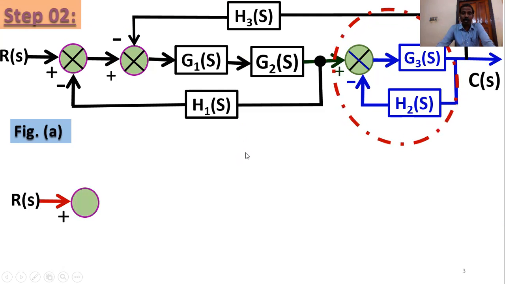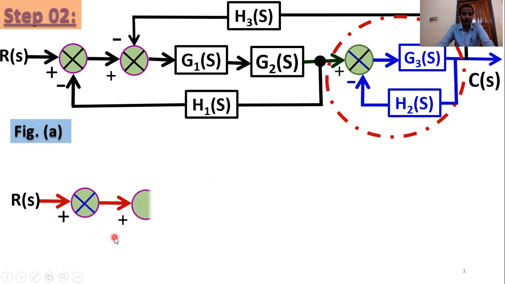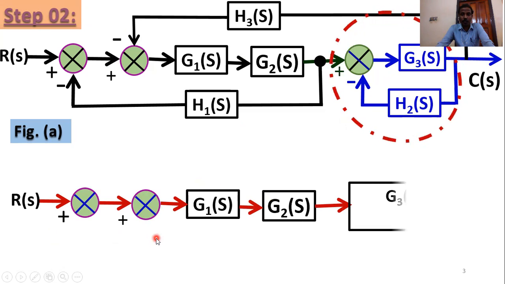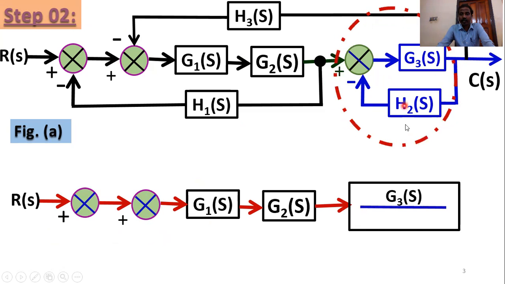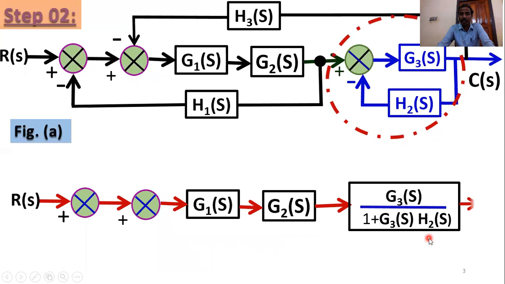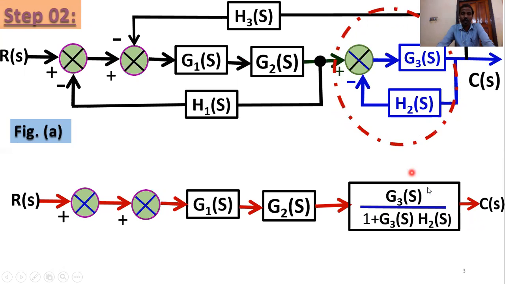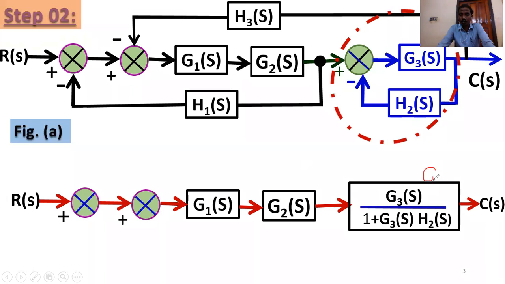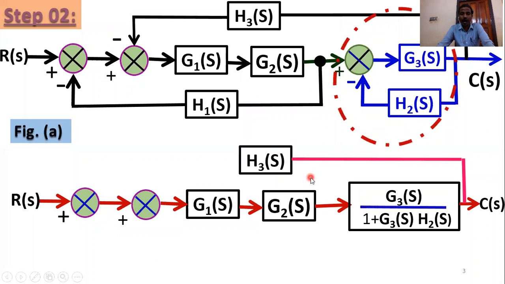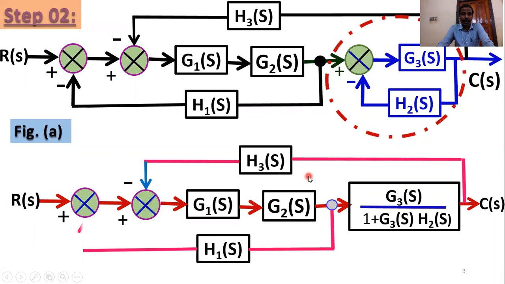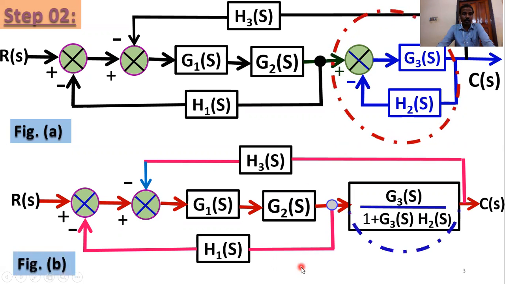Next block, solution. Reference input R of S, summing point, and then again the next summing point, then G1 of S into G2 of S, and for this portion, G3 of S by 1 plus G3 of S into H2 of S, and the output C of S, because G of S equals G3 of S and H of S equals H2 of S. So our formula G of S by 1 plus G of S into H of S gives G3 of S by 1 plus G3 of S into H2 of S. Then the negative feedback H3 of S, and again another negative feedback H1 of S. So step 2 is complete.